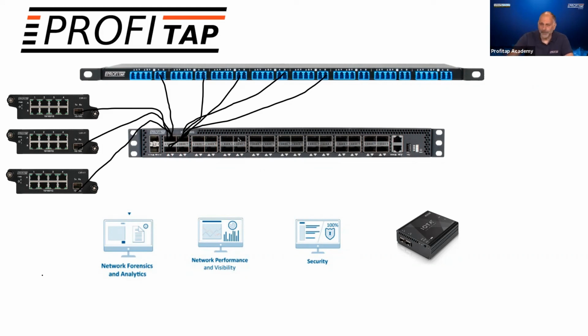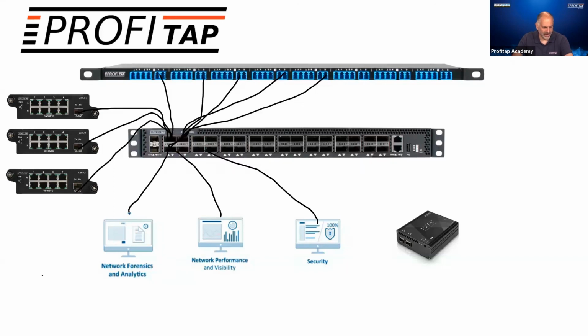So with our packet broker in the middle, I can now come in and start choosing my outputs. And these don't have to be in any particular location on here, but I'm just going to grab this bottom port right here. So I could take and send traffic out to my network forensics and analytics. I could send traffic out to my network performance and visibility. I could come over here.